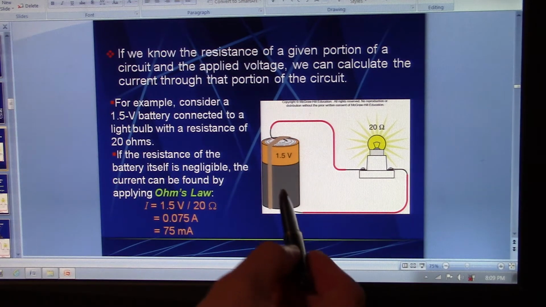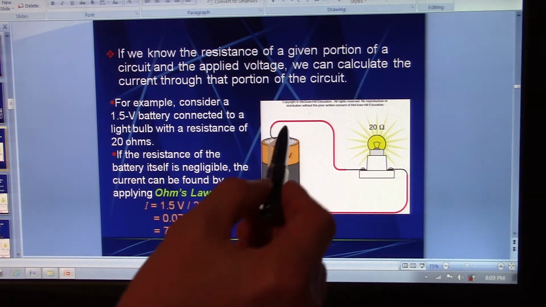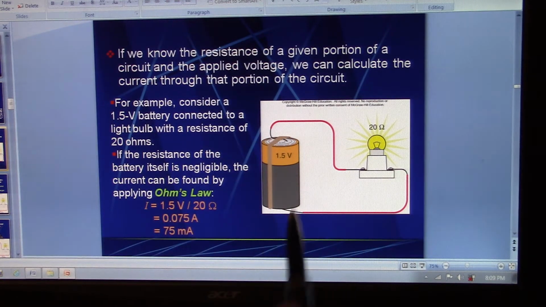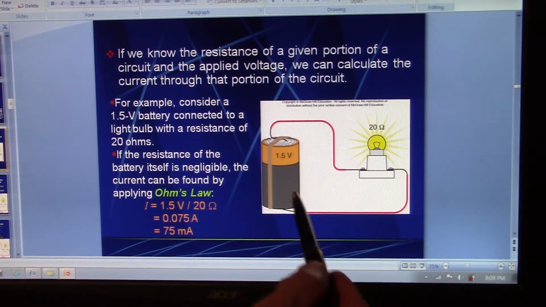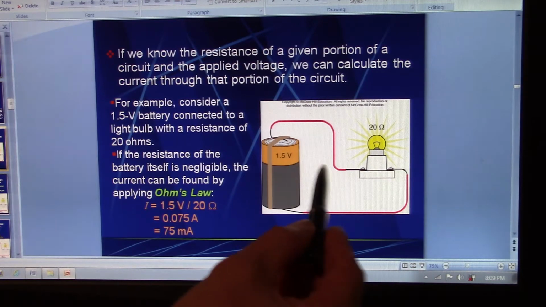Just some trivia. Electrons actually flow from the negative to the plus. That's the direction the electrons are actually flowing. When Benjamin Franklin, way back when, came up with positive and negative, he took a guess, because at that time he was just discovering it. So he guessed wrong, but it doesn't matter.